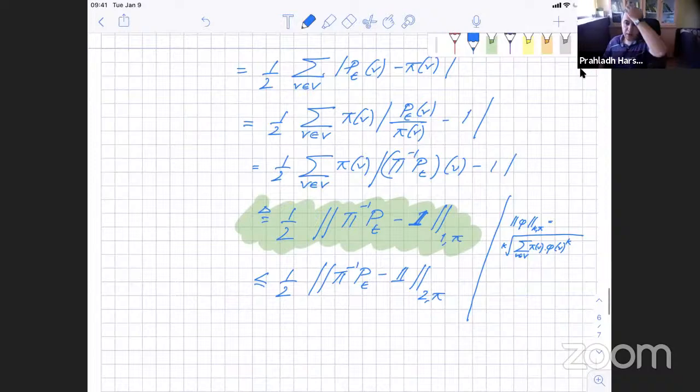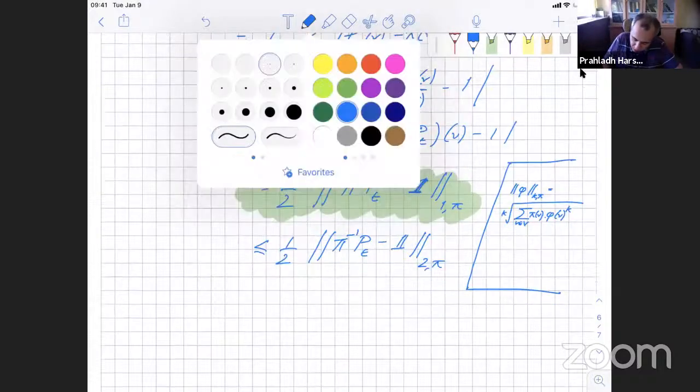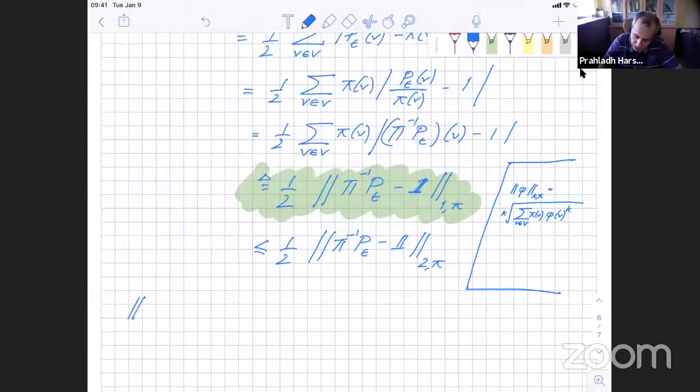And convexity will give you this. So what we'll instead study is, and this will be a nice quantity to work with, the 2 norm of pi inverse p_t minus 1.